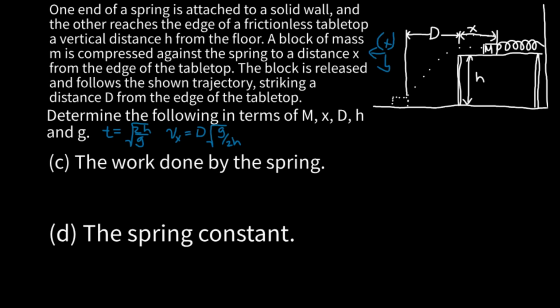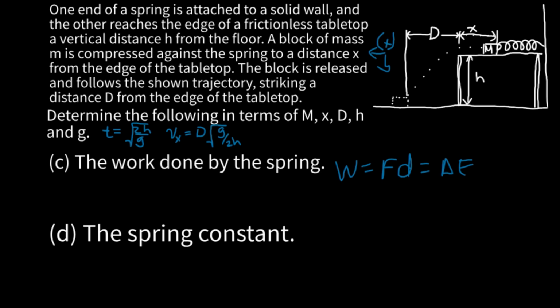Well, we know work equals force times distance, but it also equals our change in energy. So we want to know the work done by the spring on the block. So we need to look at the block's change in energy. We know it goes from a state of being at rest to having kinetic energy.